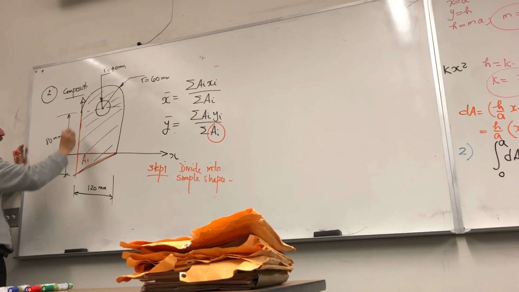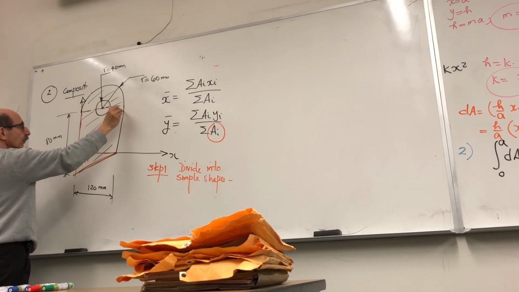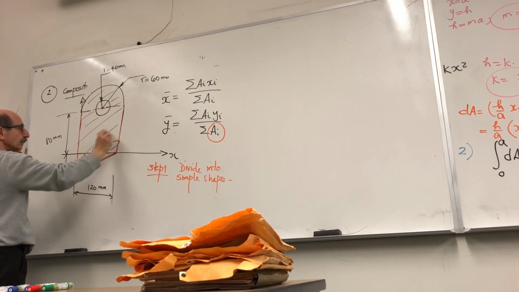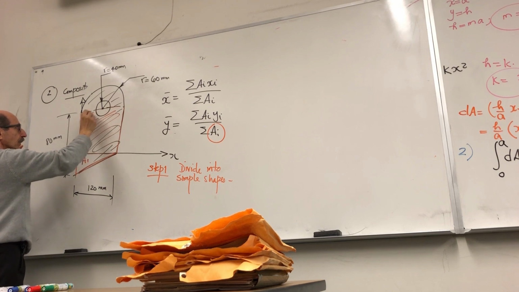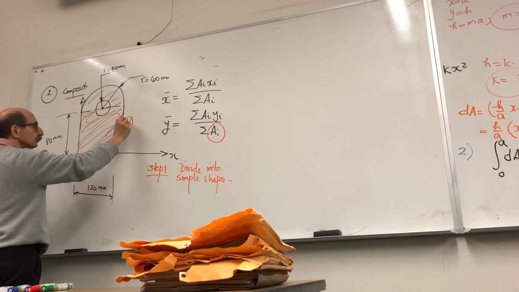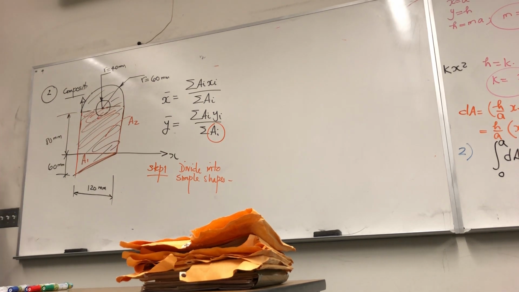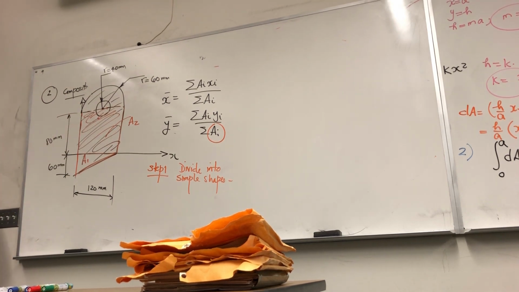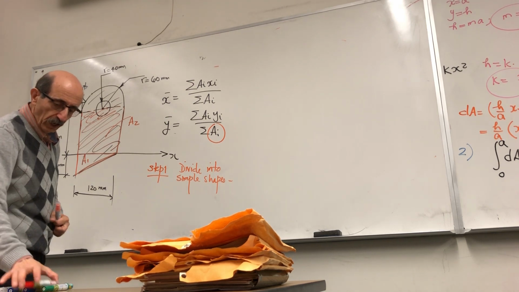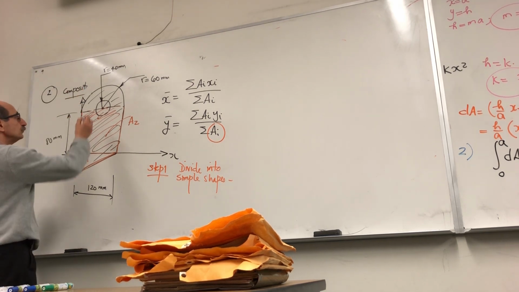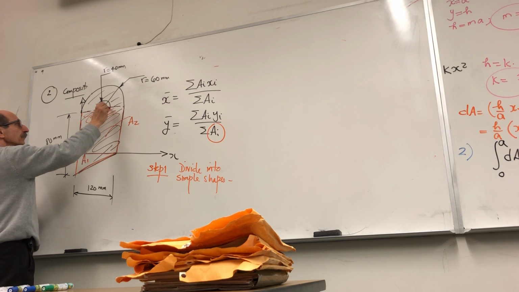I would say this rectangle, okay, is A2. And if I have a solid shape that some piece is cut out of that, which is another simple shape, I would consider that to be a negative area.